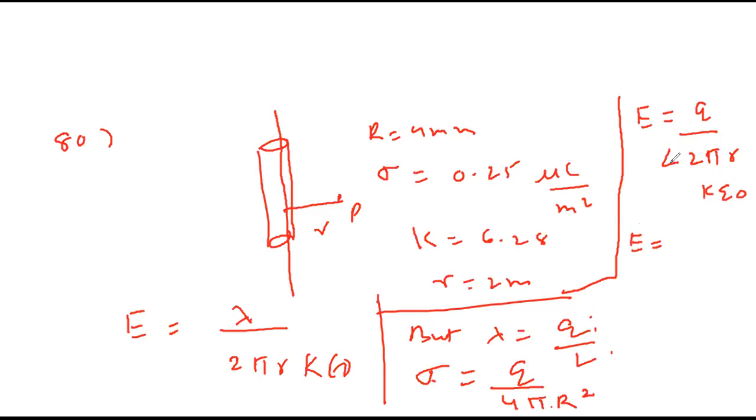That means E equals to sigma into charge upon length into 2 pi R K epsilon naught. Length of cylinder is given? Length means the total length on which the charge is there. So what is this length?